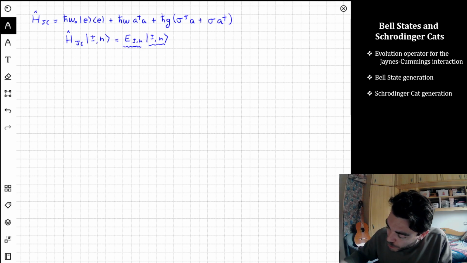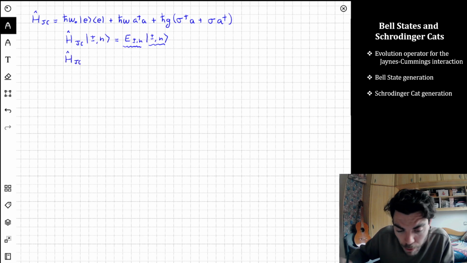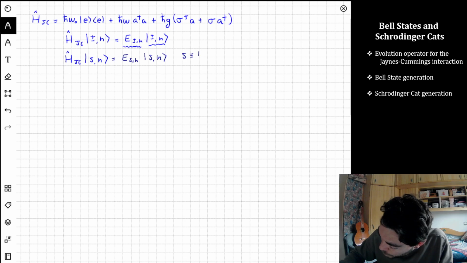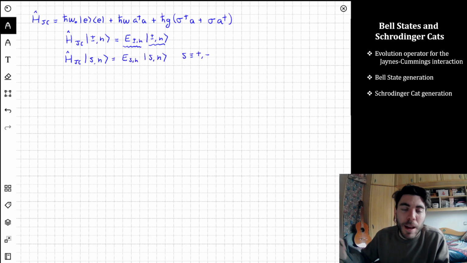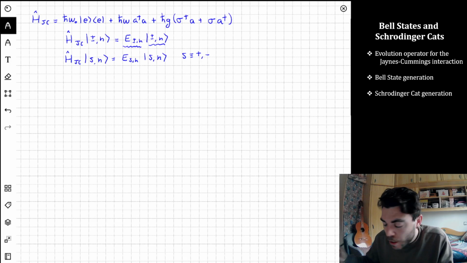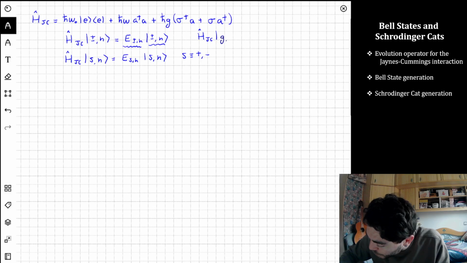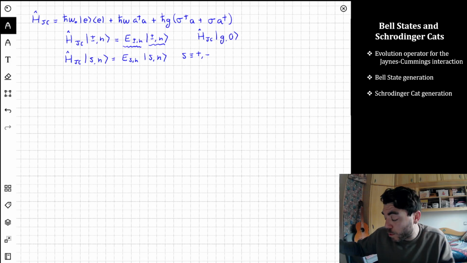Alright, so in this case I'm gonna change notation, just a second, because it's gonna be good. I'm gonna write this plus minus n as s n, and it's just a matter of notation. So I'm gonna write this as E s n times s n, and s is just a label that can be just plus or minus, so it's not a number or anything, it's just a label. And then we also have that the Hamiltonian of the Jaynes-Cummings, we know that the ground state is a bit special because there is no energy, so nothing happens with the ground state when you turn on the interaction.